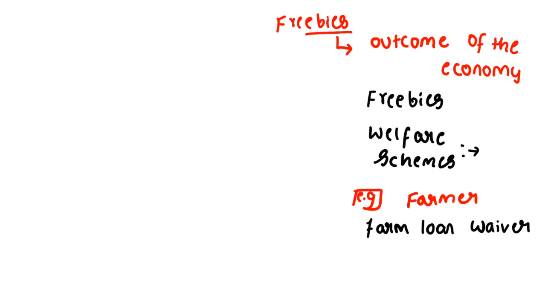Then see, there is another case. A farmer lost his crop because of natural calamities. So the government might promise that if you elect me, I will give inputs free of cost to you. What are these inputs?